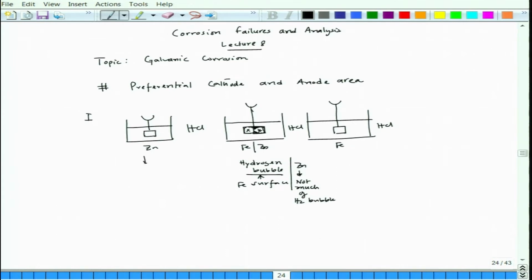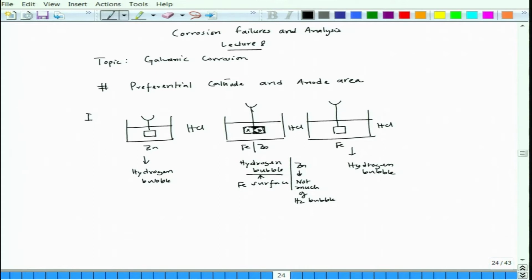But in these two cases, the observations would be almost similar: a lot of hydrogen bubbles.